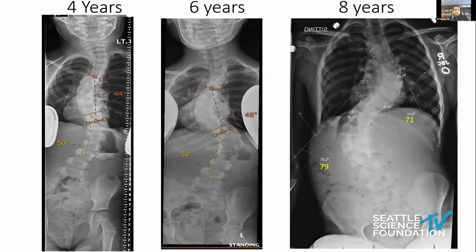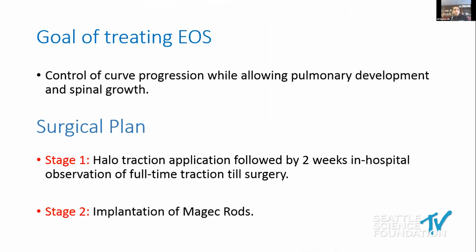Over a period of 2 years, it was still manageable, but then at age 8 years, you could see that it jumped to 70 degrees and about 79 degrees there. So at that point, the thought was to intervene. And the goals of treatment generally in those patients is to control the progression of the curve while allowing the pulmonary development. So it's kind of a balance between both.